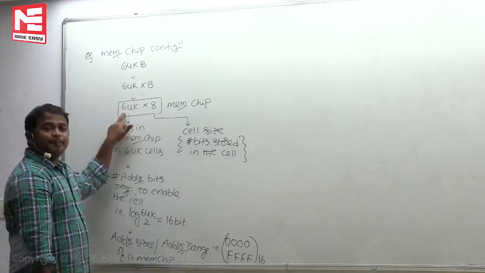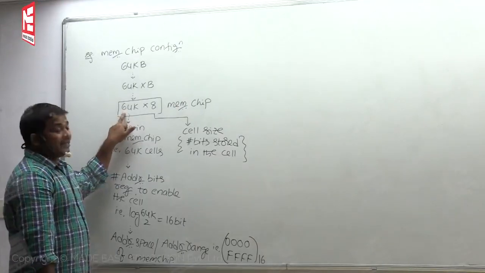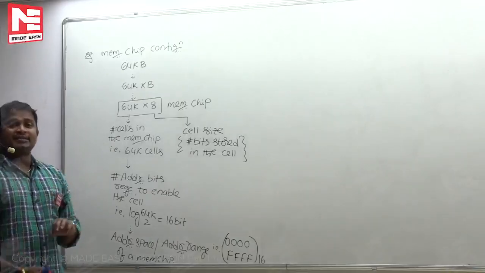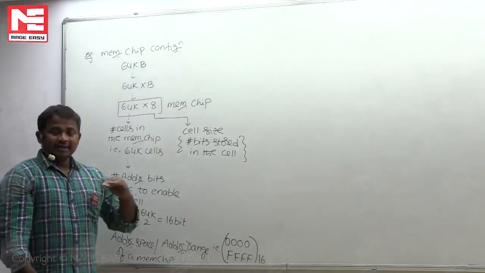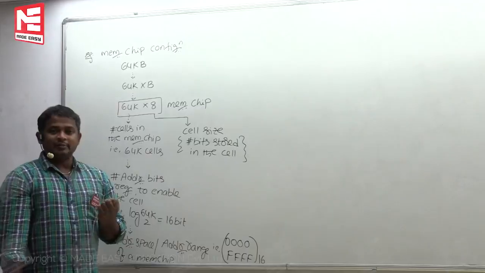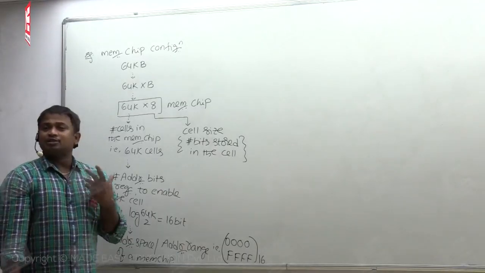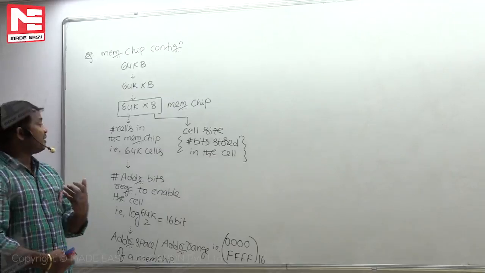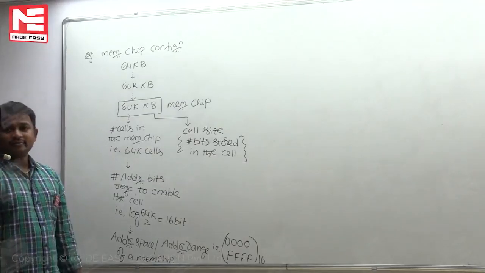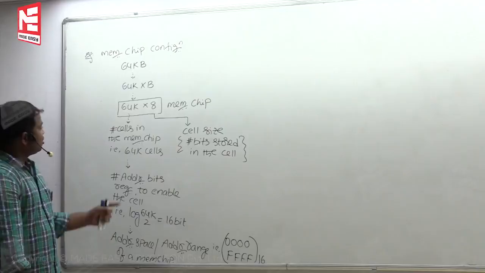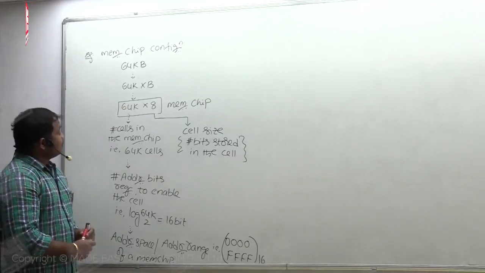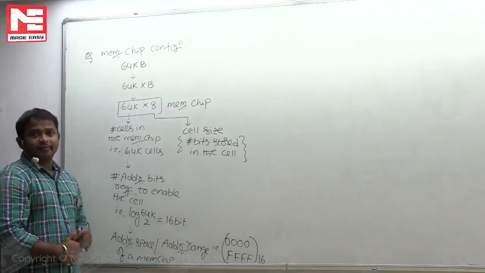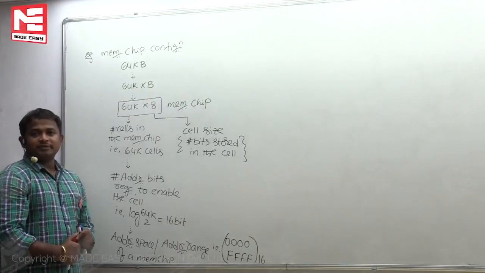Each row in the chip is called a cell. Each column in the chip is called a 1-bit storage space in the cell. In each row, 8 columns are there, which means 8-bit storage space is present in the row, that is, in the cell. Clear now? Right. So here, a 16-bit addressed cell holds 8-bit information.